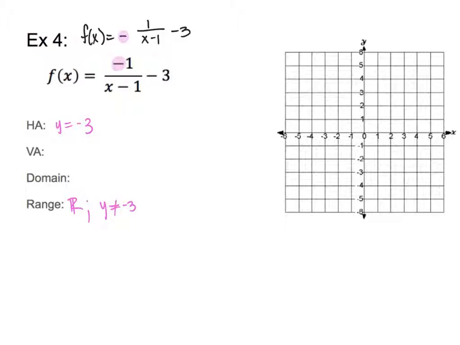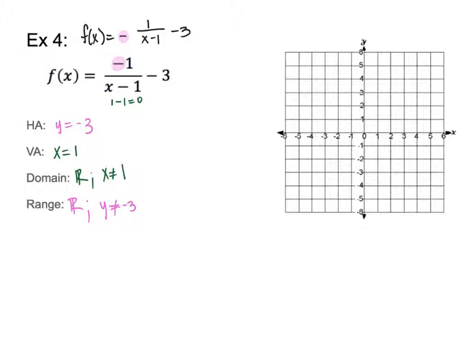Whereas for the vertical asymptote, if you look in the denominator here, this x needs to be 1 for it to fail, right? For the denominator to be 0 or undefined, because 1 minus 1 is equal to 0. So the domain is all real numbers except at x equals 1, because we have an asymptote.